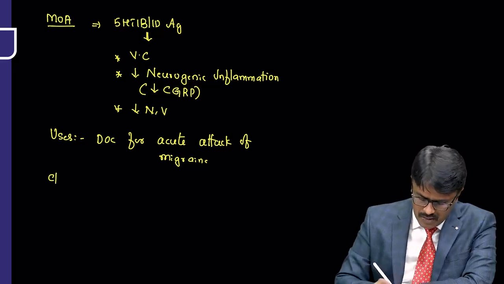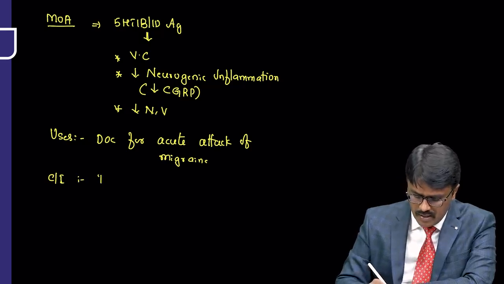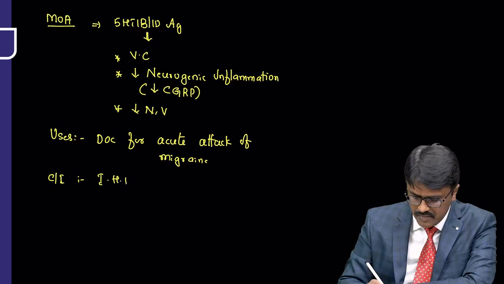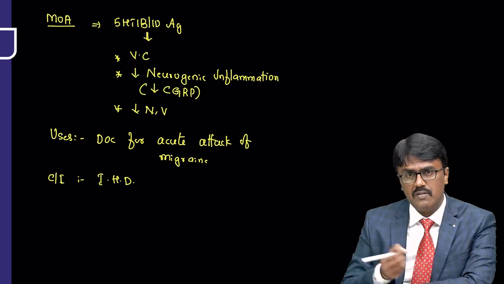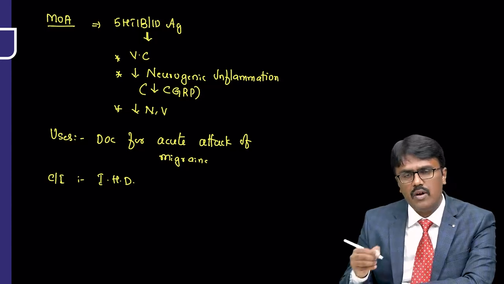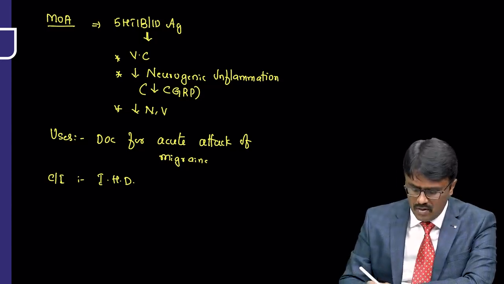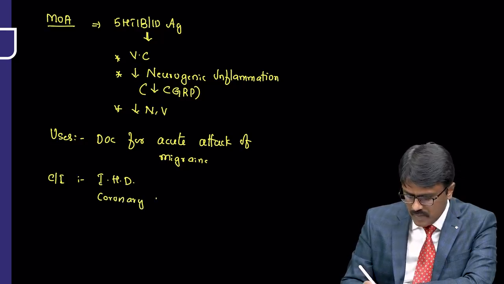Now, since they are vasoconstrictor, they cannot be used in a patient with ischemic heart disease. So before giving it, rule out ischemic heart disease because they are vasoconstrictor. Already ischemia means the blood is not flowing and the coronary vessels can constrict further. Or if the patient has any coronary artery spasm, then also we should not use this drug.